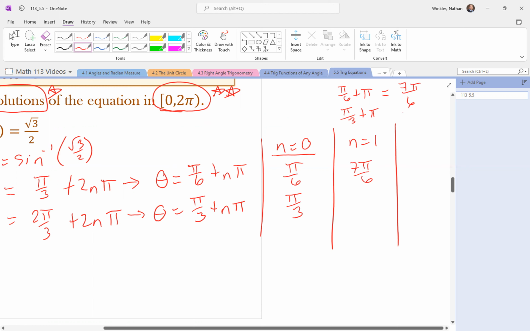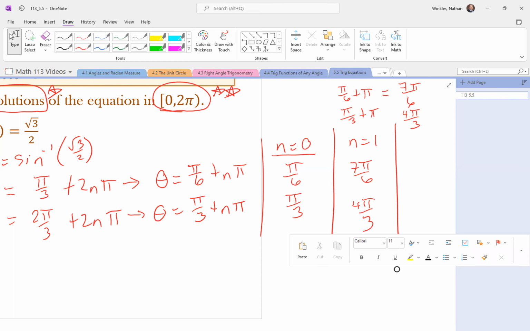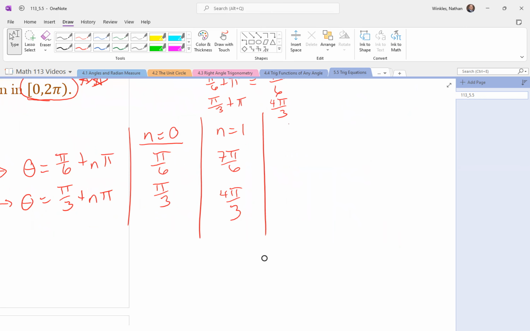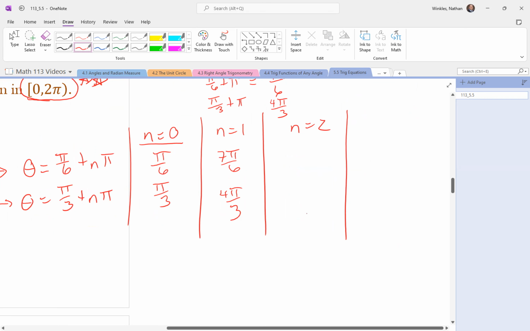And in the second case there, we have 4 pi over 3. Both of these values are inside of 0 to 2 pi. Now, when we let n equal 2, we would have 13 pi over 6, and we would have 7 pi over 3.